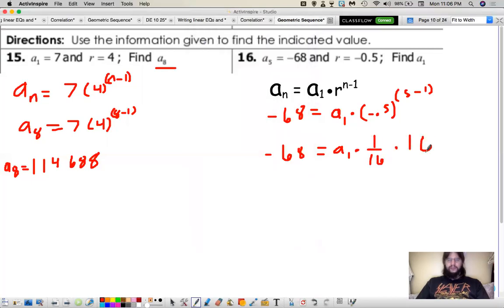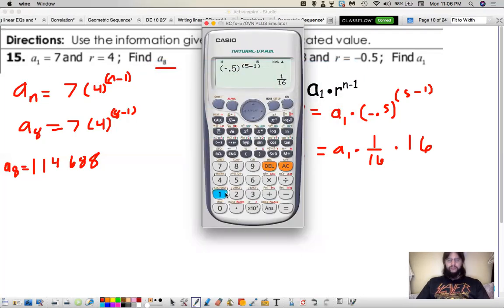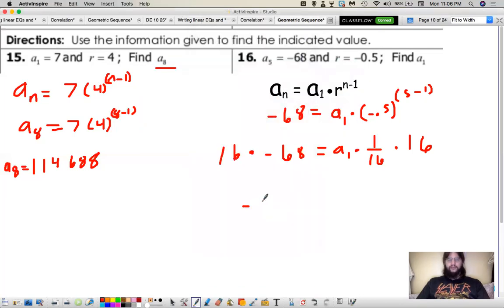Multiply both sides by 16. And we get -1,088 equals, those cancel, A1. Since we're looking for A1, we can reverse this formula. That's formula 2, right?